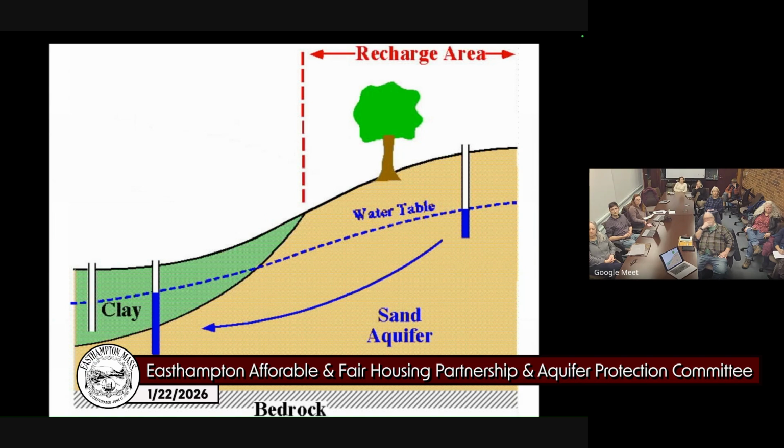Can you define what you mean by recharge? So groundwater is flowing and it has to be replenished to continue to flow. In these areas, when you have rain events or snow melt events, water infiltrates into the ground and will go down and recharge the groundwater.